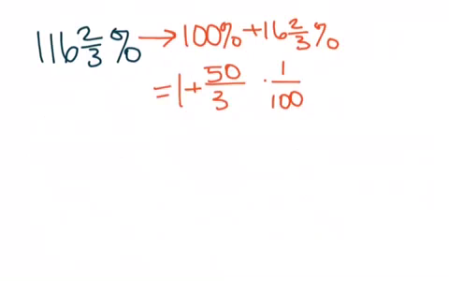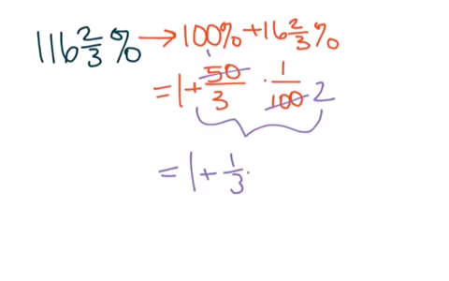If we follow the order of operations here, we're going to multiply these first, then add the 1, the whole number. So 50 can cancel out and be 1, and 100 is going to cancel out and be 2. So we have 1 plus 1/3 times 1 over 2. We're going to do that.